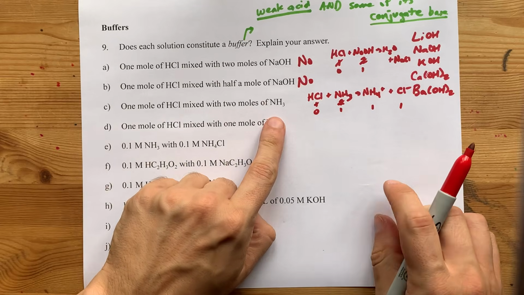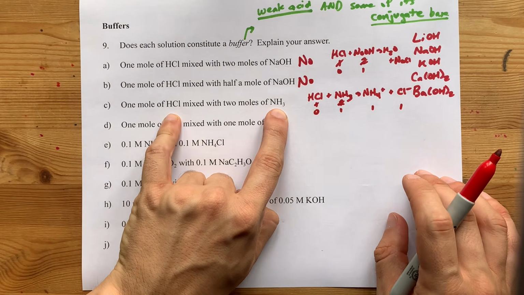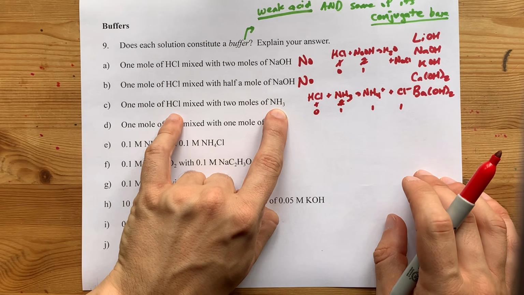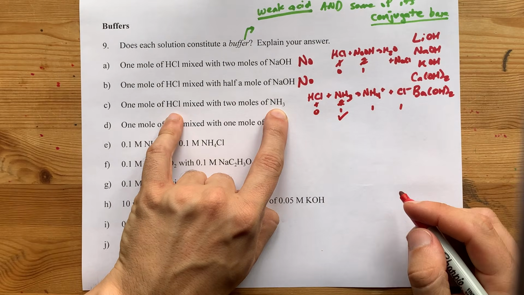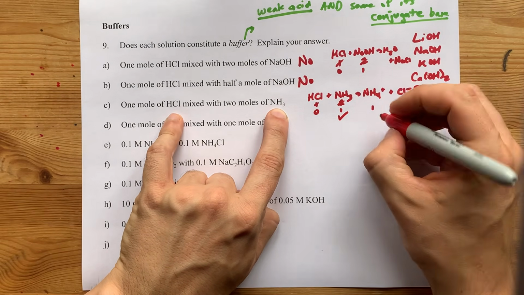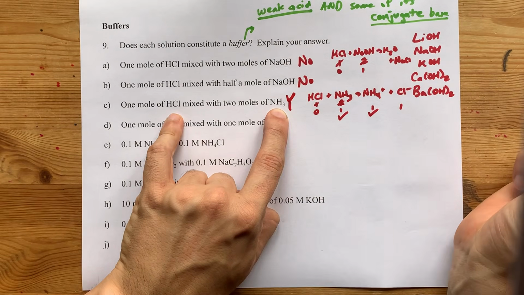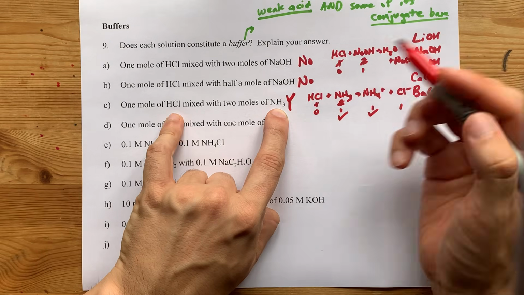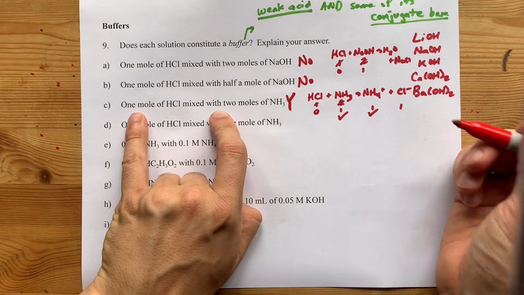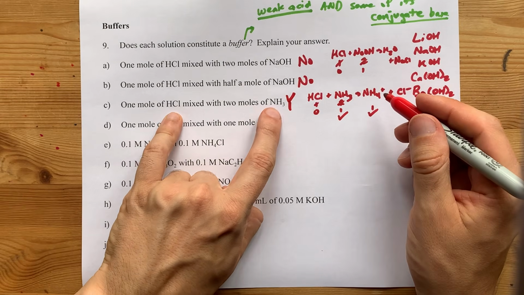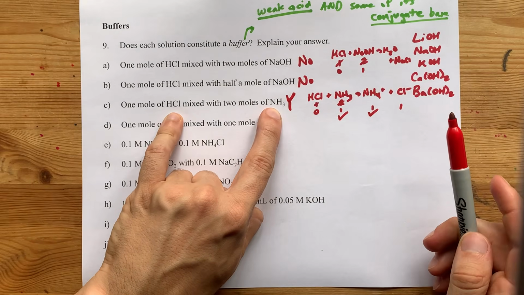So because we added more of the weak base than strong acid, we do have some base left over, and we formed some of its conjugate acid in solution. The answer here is yes, because you'll have NH3 left over, you had more of it to start after all, and you made its conjugate acid forcefully by reacting it with strong acid.